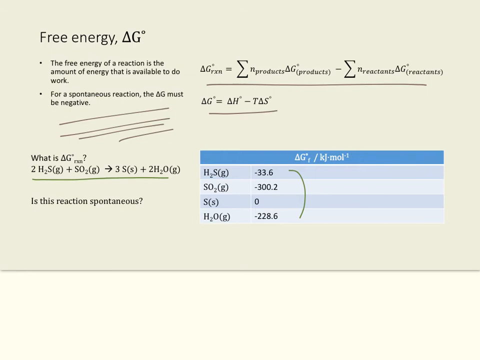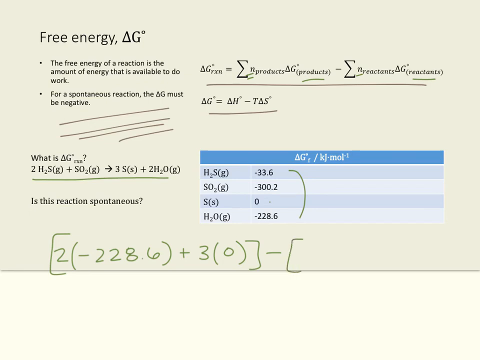To do that, remember it's products minus reactants times their coefficients. So we've got two H2Os, and H2O is negative 228.6, plus 3 sulfurs, and sulfur is 0, minus, now I can do my reactants, because it's products minus reactants.